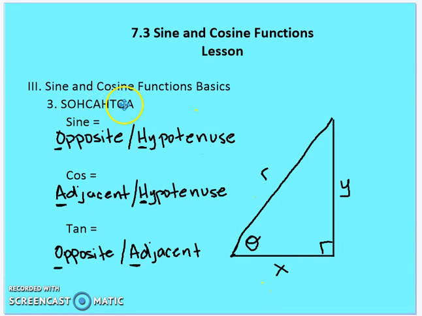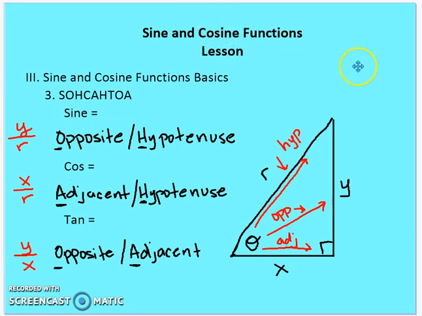So SOHCAHTOA: sine is equal to opposite over hypotenuse, cosine is equal to adjacent over hypotenuse, tangent is equal to opposite over adjacent. When we take a look at that in relation to specific values, again, we have y over r for sine, x over r for cosine, and then y over x for the tangent value.